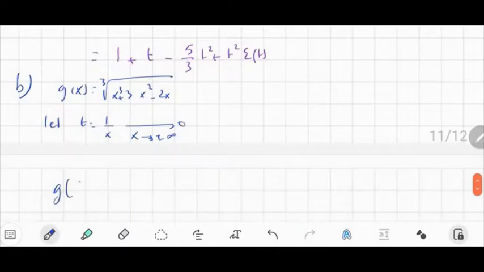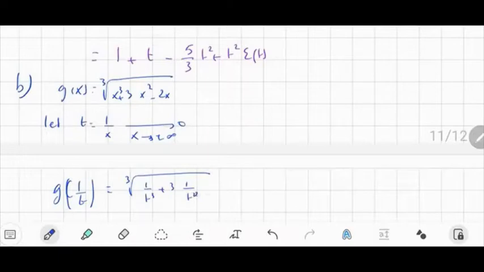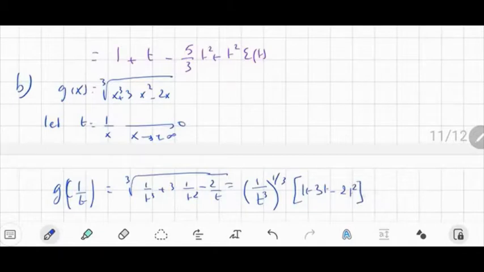Then g of 1 over t is equal to the cubic root of 1 over t cubed plus 3 over t squared minus 2 over t, which will be equal to 1 over t cubed to the power 1 over 3 times 1 plus 3t minus 2t squared to the power 1 over 3.